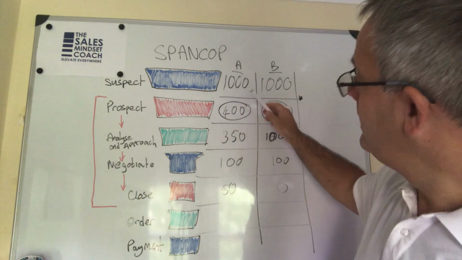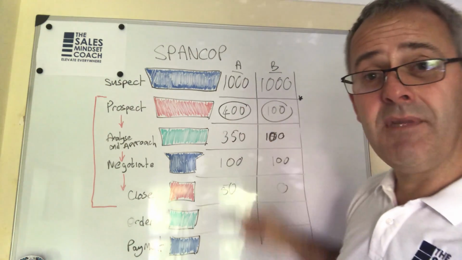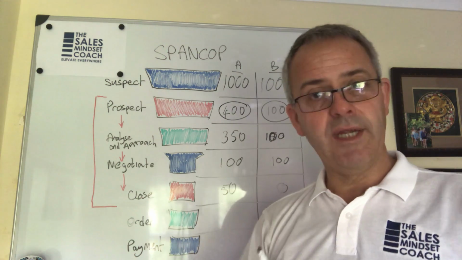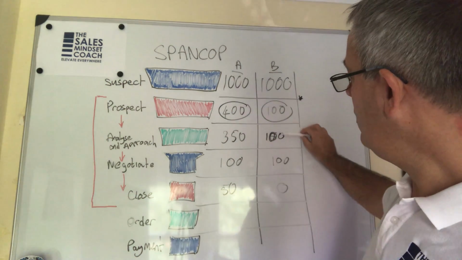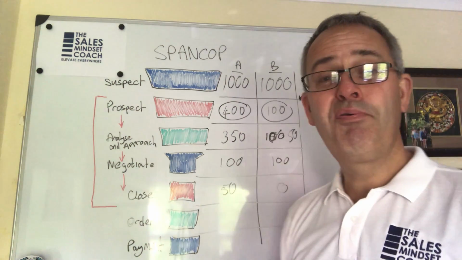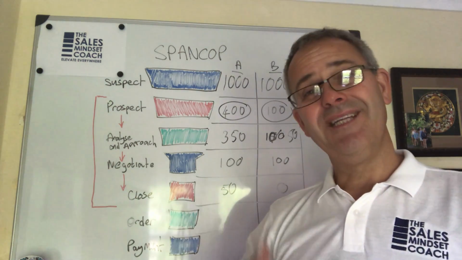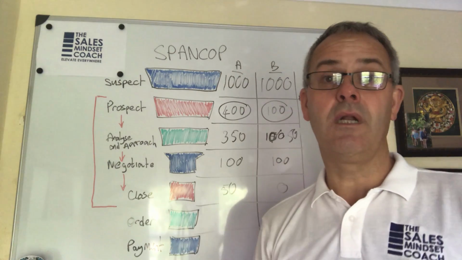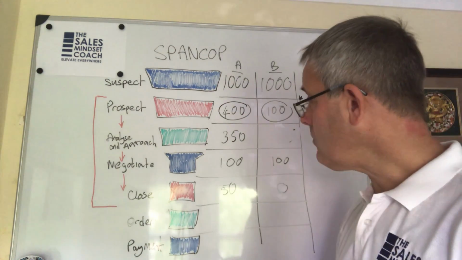You'll probably find that if you're strong at moving from P to A, it means you're really good at questioning and uncovering that need. If you're poor, let's say we go back to 50, that means you're probably rushing, not asking enough questions, and just rushing to the close. So be careful of that, all right?